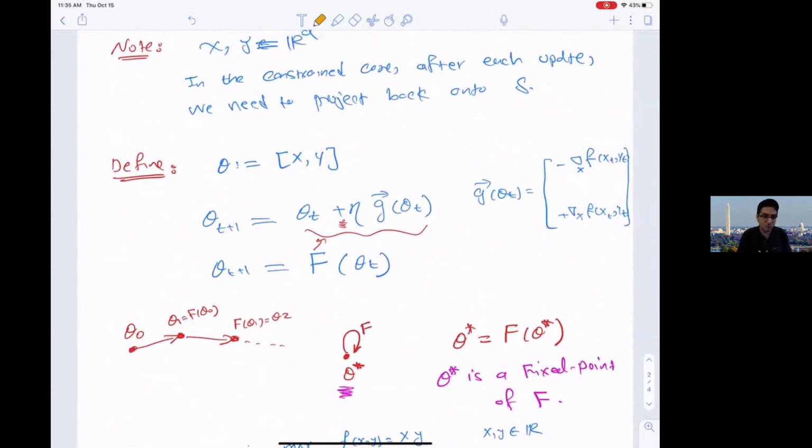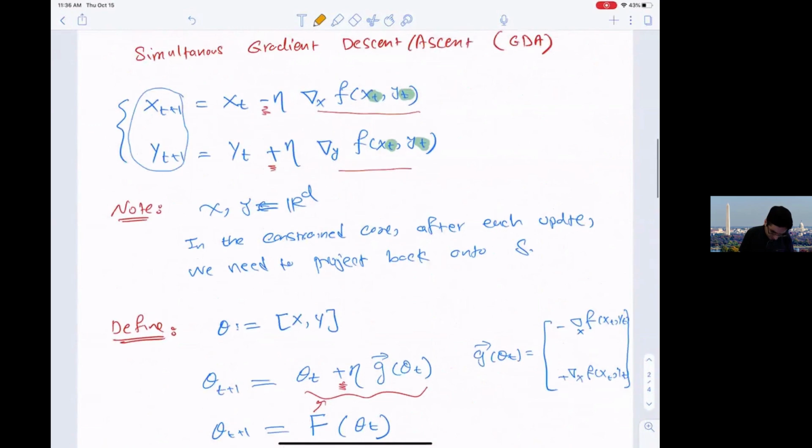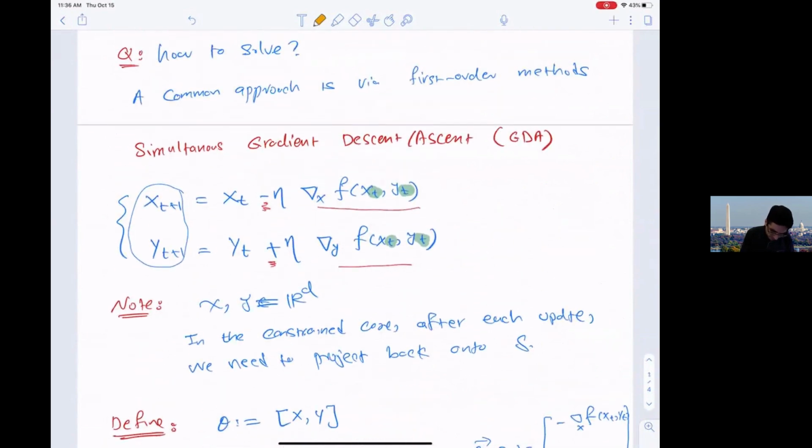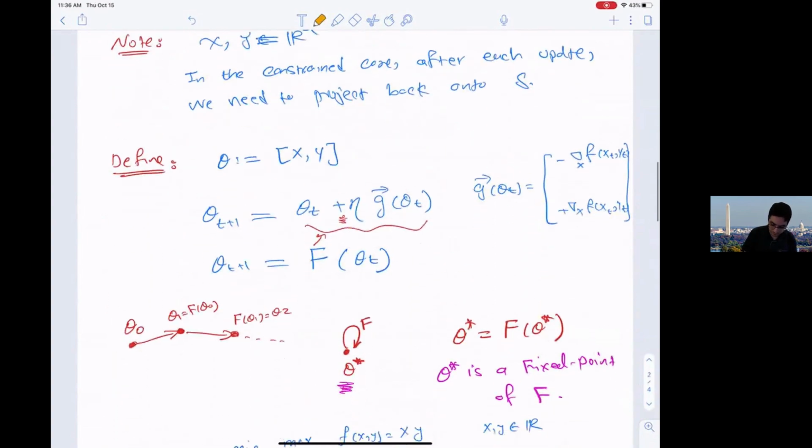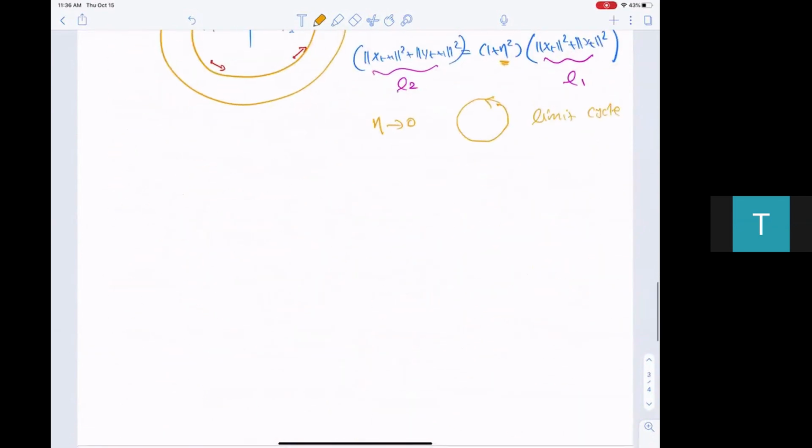Unless you change your min-max to max-min, you can do the same analysis, and you can show that it actually doesn't converge in that case either. But from GDA, I think I should have been more explicit. In the dynamics, we know eta is always non-negative. Otherwise, it doesn't make sense to look at the minus eta times the gradient for minimizing X. Oh, okay, thank you. Sure. Okay. Any other questions?